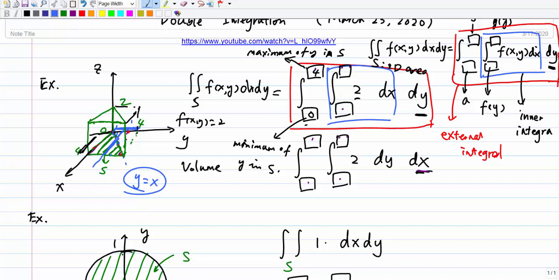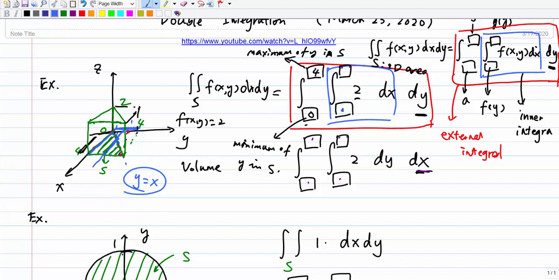So you find the minimum and the maximum. The minimum will be somewhere over here, and the maximum will basically be the upper bound. But be careful, because for different y, the lower bound and upper bound may be different. For example, if y starts from 0, your line is here, so x will go from 0 to 4.